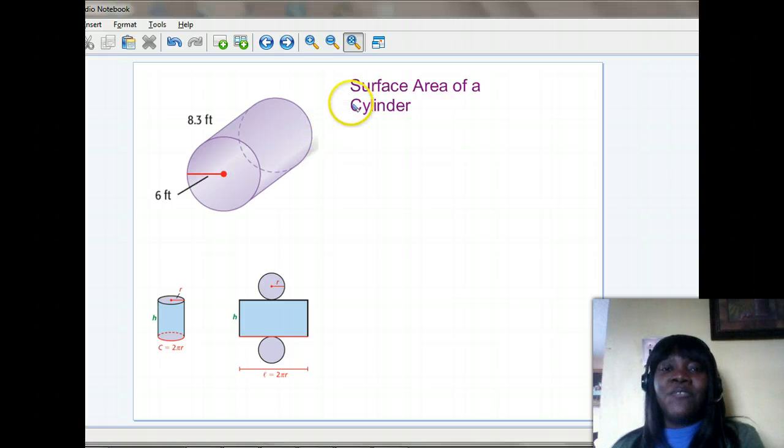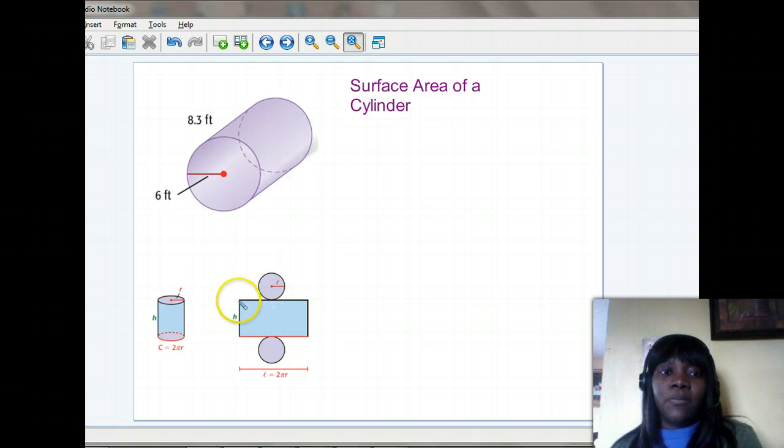Okay, so now we are moving on to cylinder. Now remember in class we actually dealt with the cans and we had to open it up, and we figured out that when we opened the paper that was wrapping up the can, its perimeter, right here, is actually the circumference of the circle. So that one was 2 pi r, and to find the area we multiplied by the height.